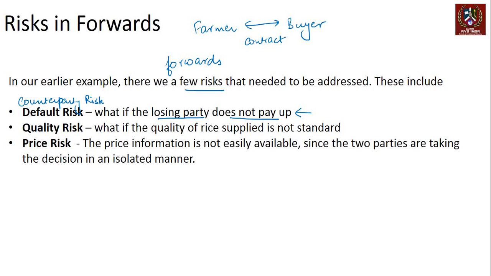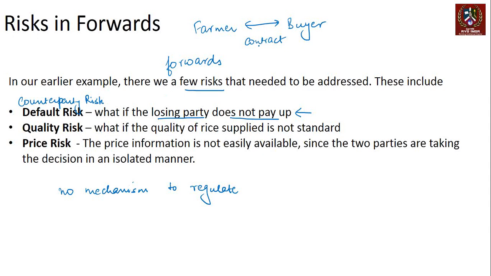Now that's a reality in forwards because there is no mechanism to regulate it, right? You can try and regulate it via legal clauses, but eventually legal costs could be huge in terms of ensuring that the losing party pays up, right? So while legal clauses exist, businesses don't want to get into all that, right? So that's one part of the risk that comes in.